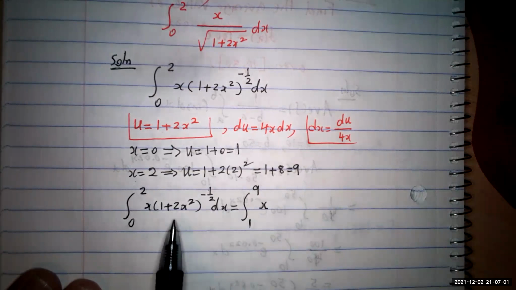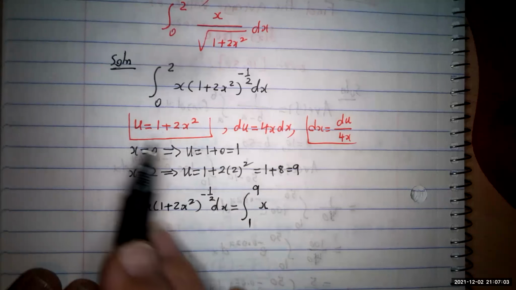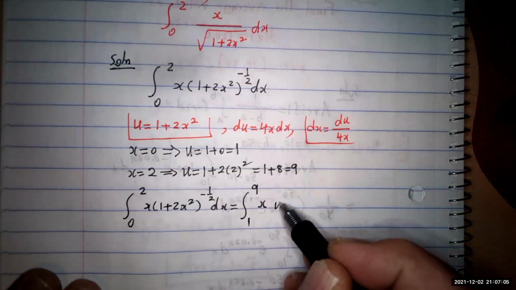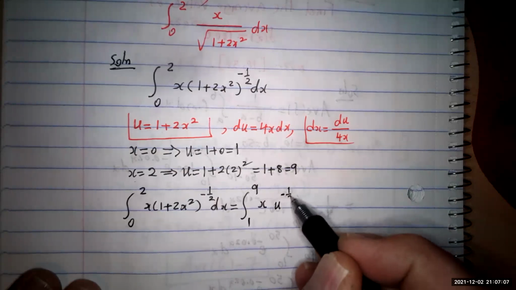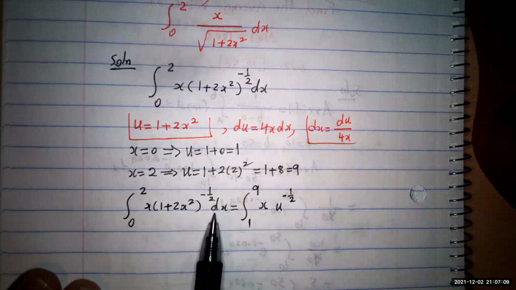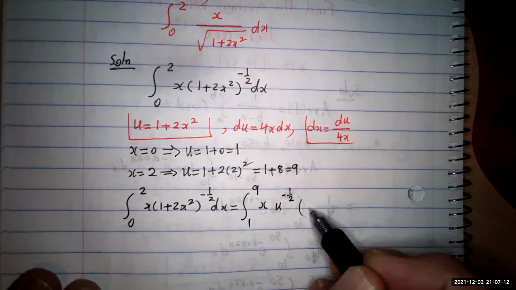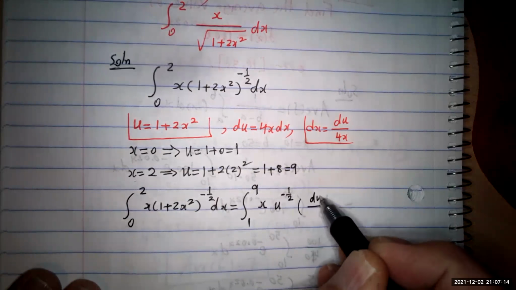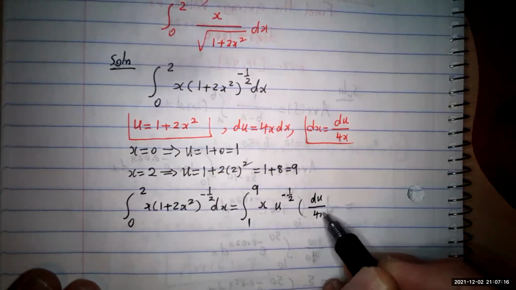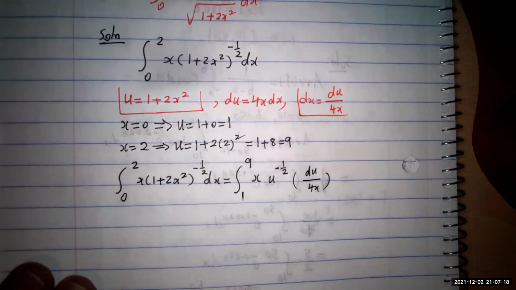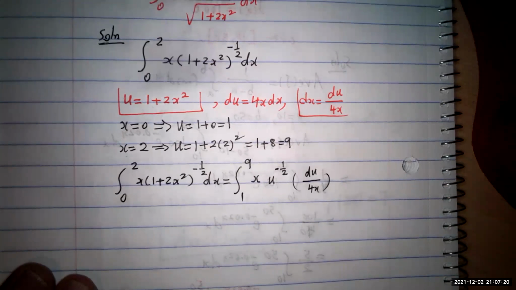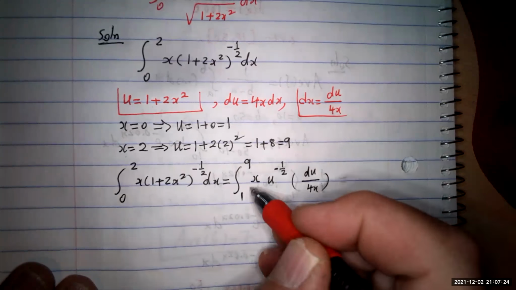That's the x. 1 plus 2x squared is u, so that gives you u to the negative half. Then your dx is going to be du over 4 times x. Any question? Now simplify, and the x and x would cancel out.